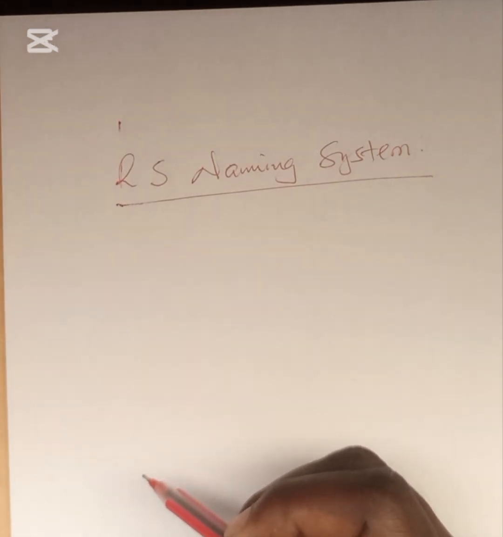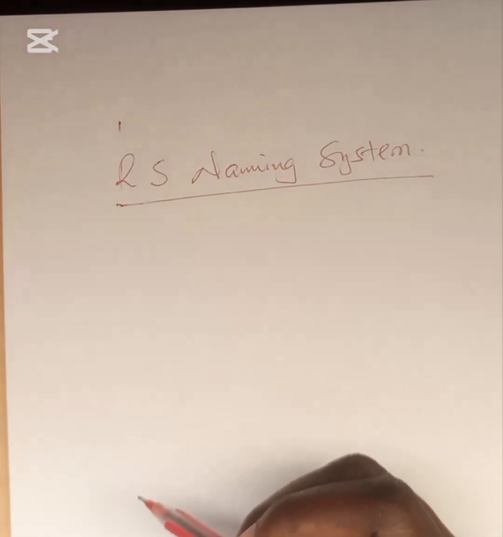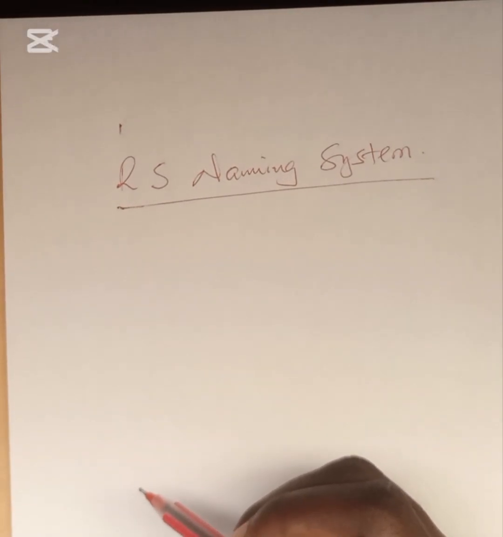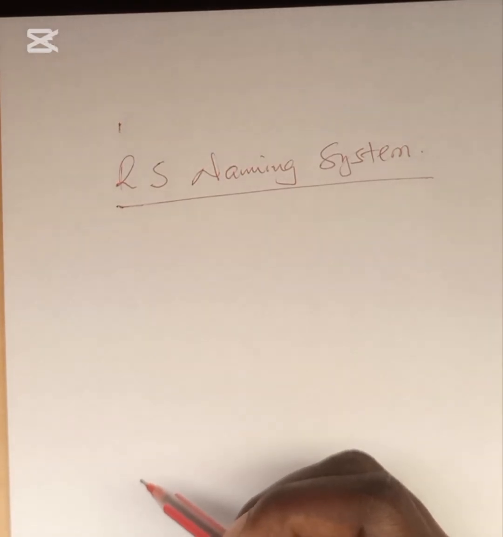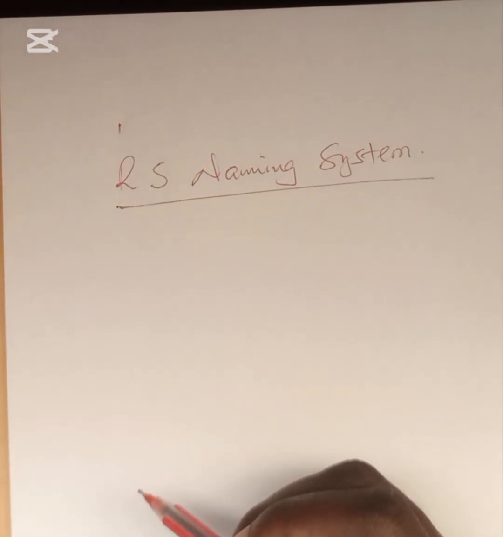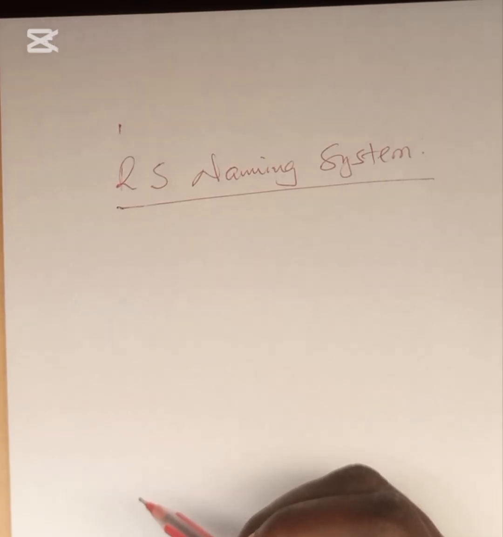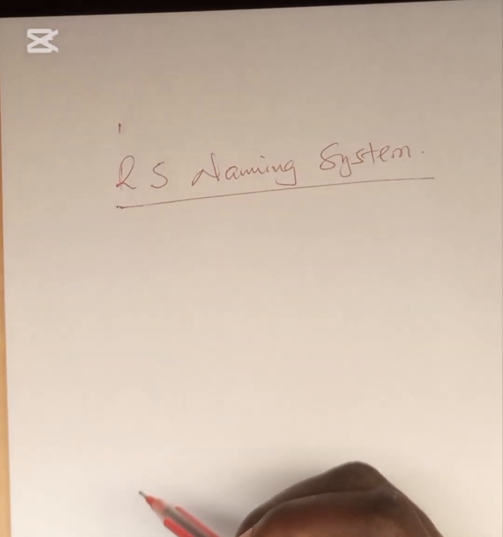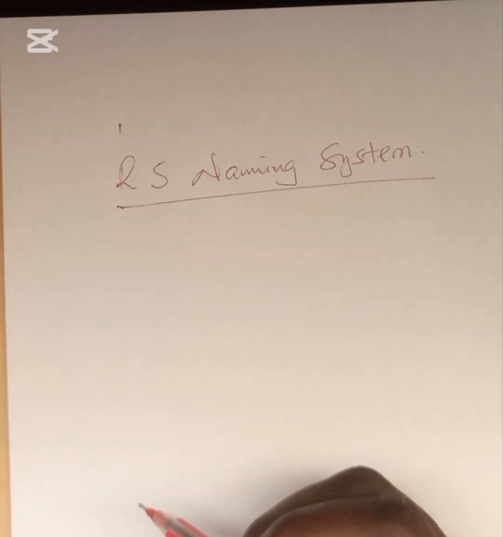For us to be able to understand the RS naming system of stereochemical compounds, which is simply the configuration, I want us to look at some few rules that we need to bear in mind so that we clearly know where we are heading to.